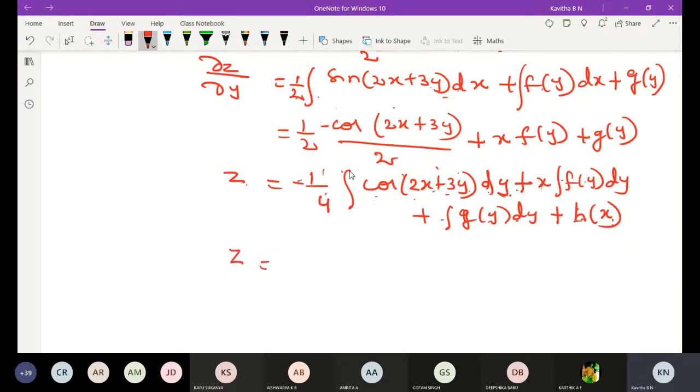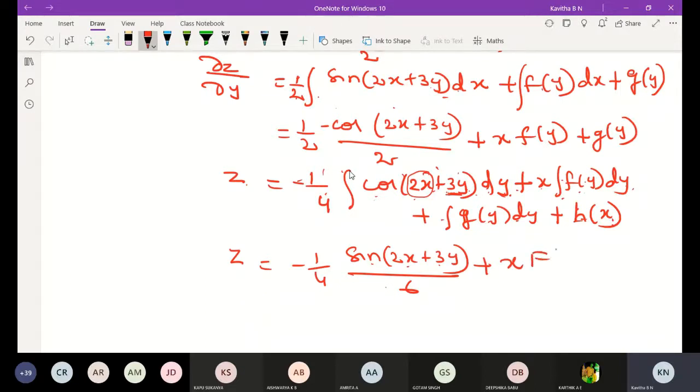Then z is equal to minus 1 by 4 integration of cos is sin of 2x plus 3y by 6. Understood? 2x is a constant, 3y is varying. Integrating with respect to y, we get sin of 2x plus 3y by 6 plus x into integration of f of y into dy.